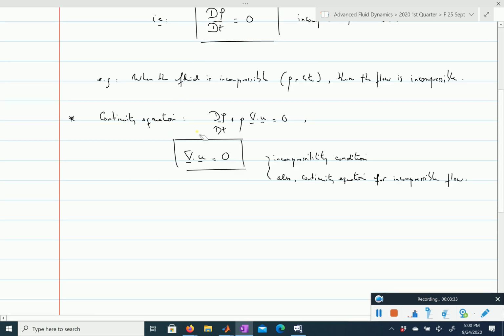And this particular form of the continuity equation is the one that we will use in IFD, because in IFD we will really focus on incompressible flows.